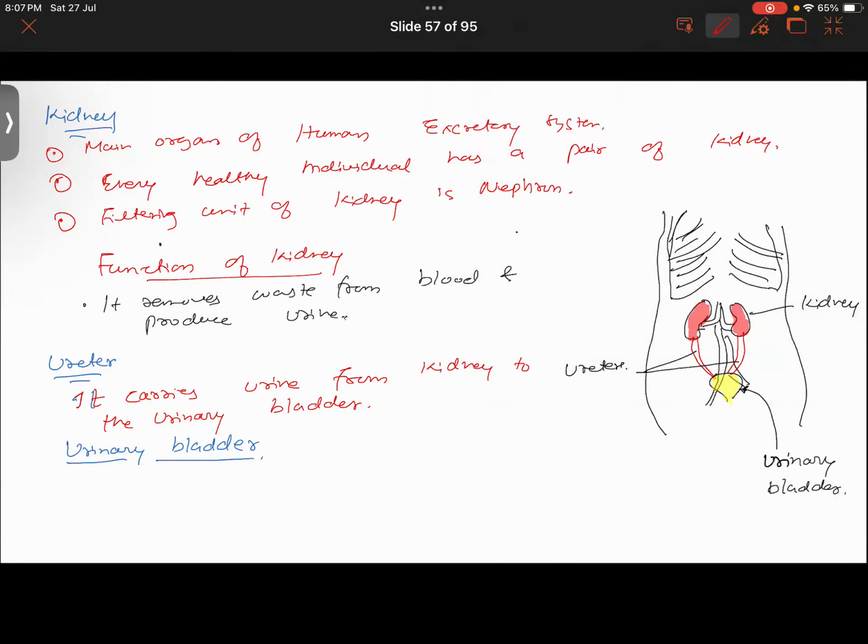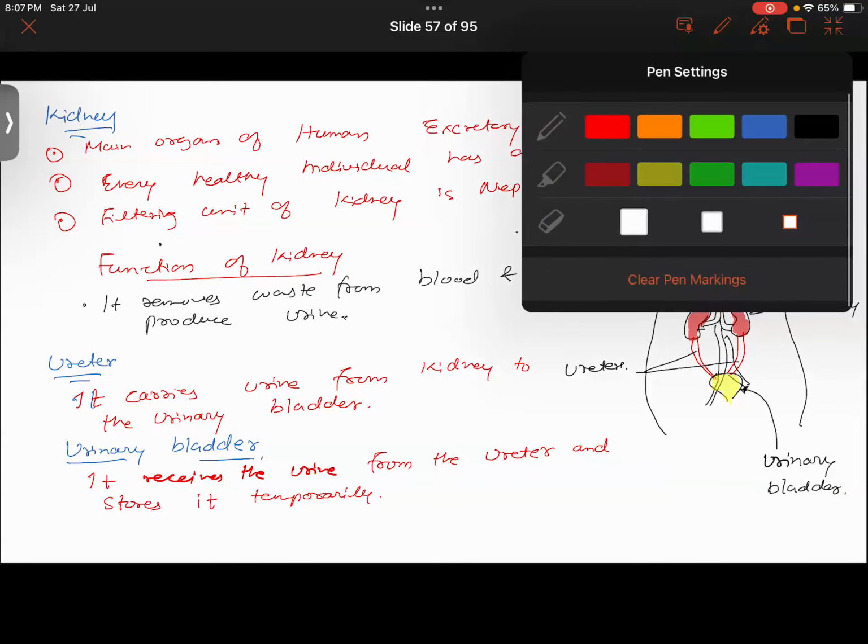So the primary function of the urinary bladder is that, first of all, it receives the urine from the ureters, because ureters would be bringing it, and stores it temporarily. That is the thing about it.